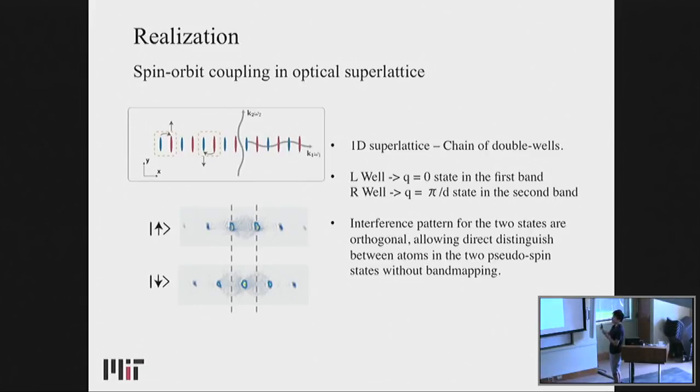So if these two states are added together, we can still tell which is which. We can count the number of atoms in the q equals pi over d state and in the q equals zero state, which directly tells us which atoms are in the spin up state and which atoms are in the spin down state.